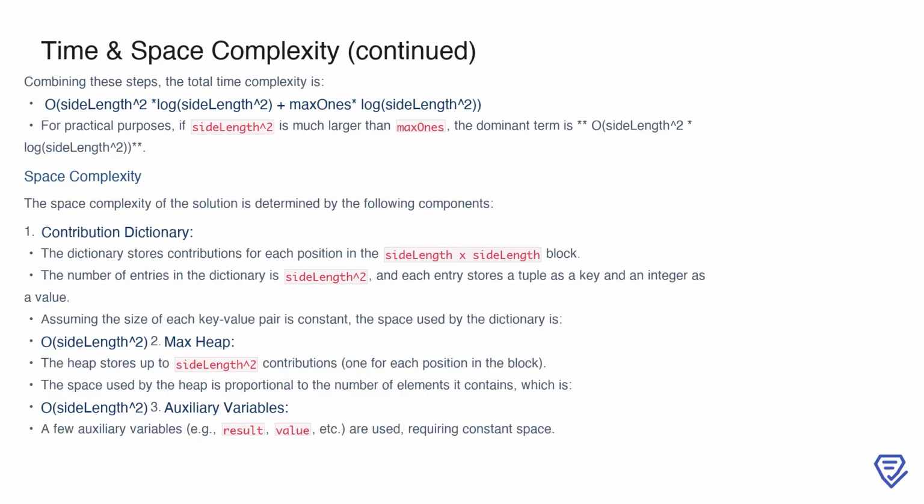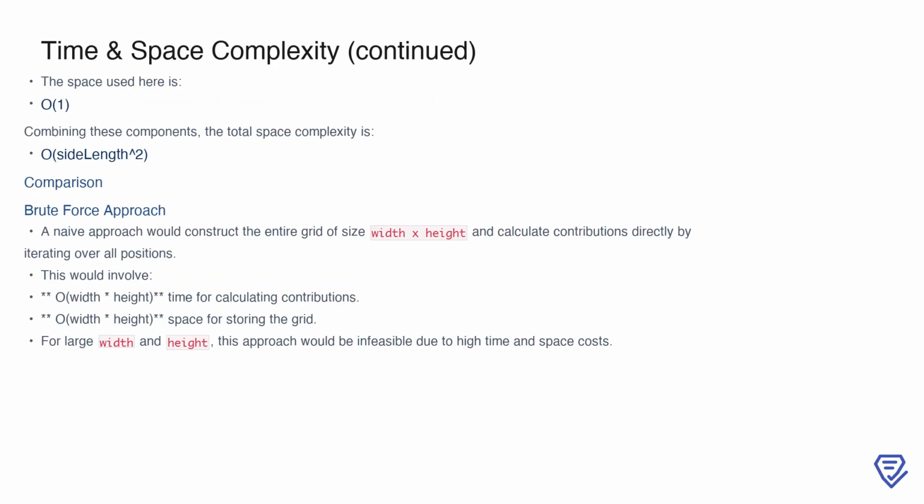Finally, a few auxiliary variables like the result value require constant space, which adds just O(1). The total space used by the auxiliary variables is negligible, so the space complexity remains dominated by the dictionary and the heap, giving us O(side length^2) overall.